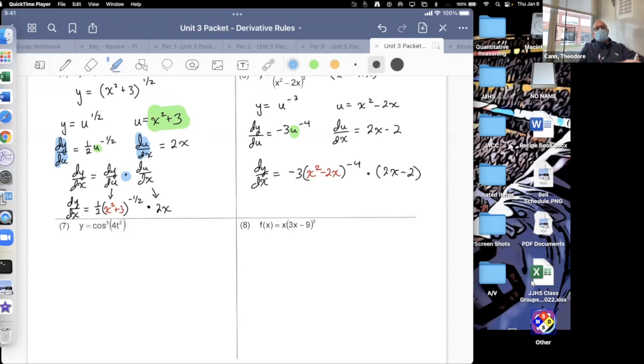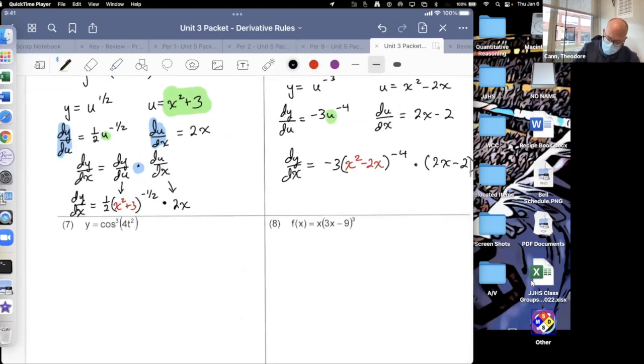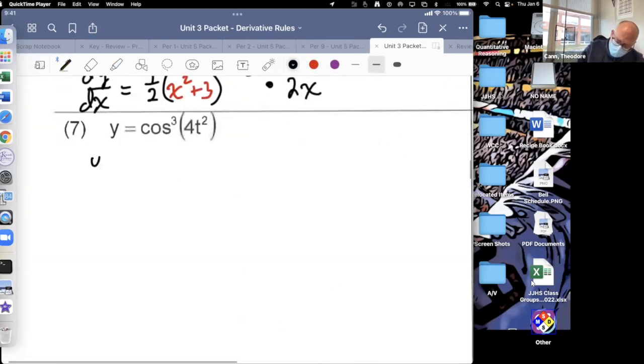All right. What we're looking at here in number 7, even though it's kind of weird to look at, is cosine 4t squared. For now, we're just thinking about t as a replacement for x, because it's a function of t instead of a function of x.